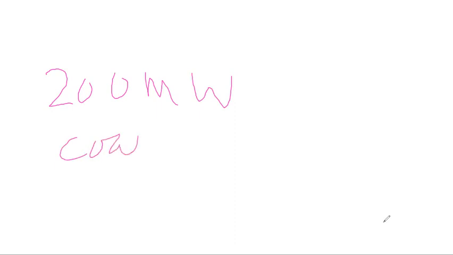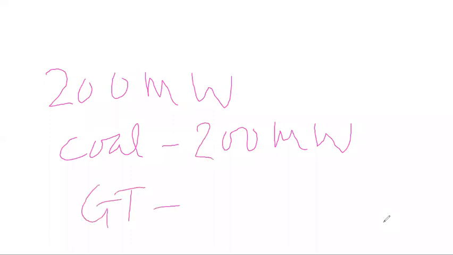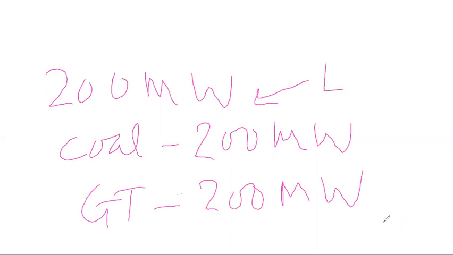The coal plant is of 200 megawatt, and the gas turbine power plant also happens to have an installed capacity of 200 megawatt. As I told you, the load is 200 megawatt, right?